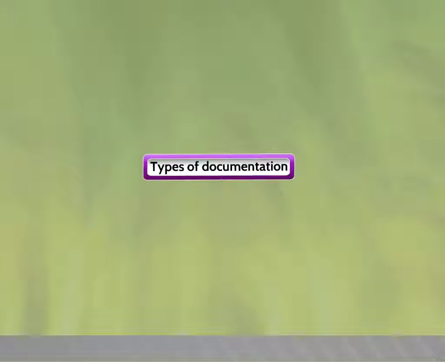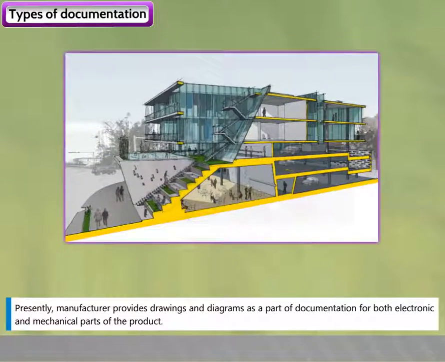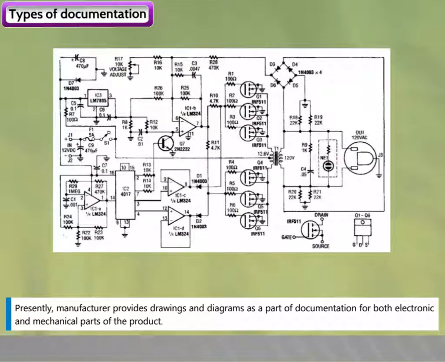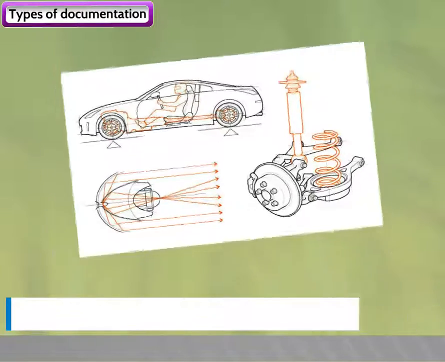Types of documentation. A well-explained and a well-presented technical documentation of a product is produced for every electronic equipment or device. Presently, manufacturer provides drawings and diagrams as a part of documentation for both electronic and mechanical parts of the product.